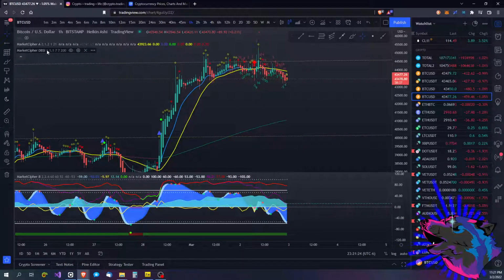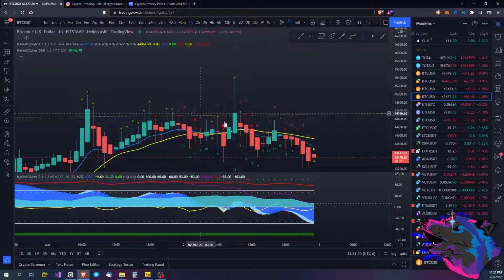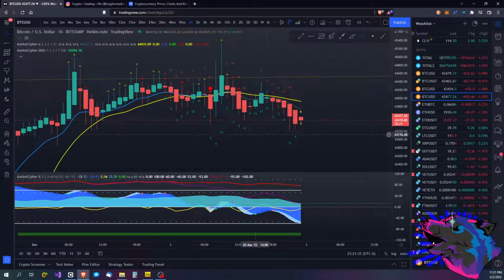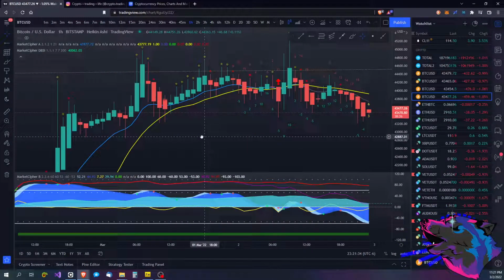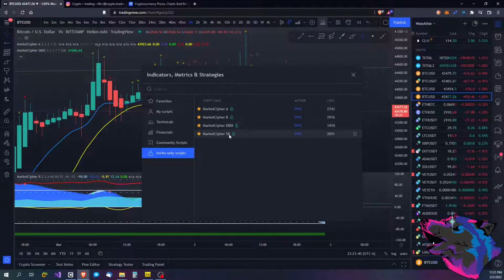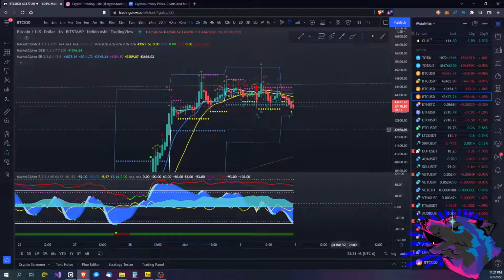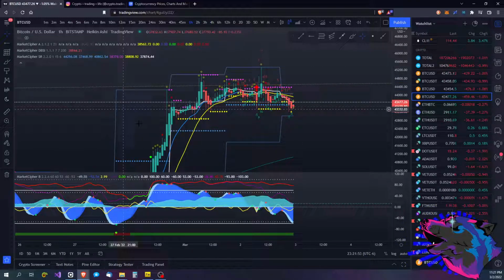And then you also have Market Cipher DBSI, which is the little numbers that you see above and below the candles that we'll get into in a minute. And you also have, that I don't have open at the moment, Market Cipher SR, which is support and resistance, which gives you all these little levels here and your highs and lows.